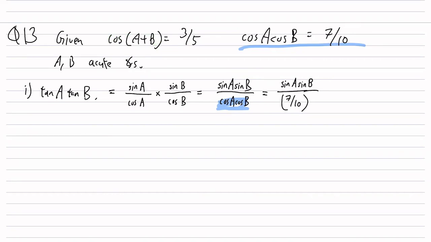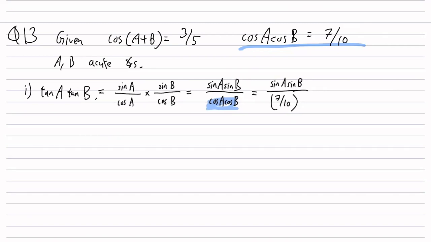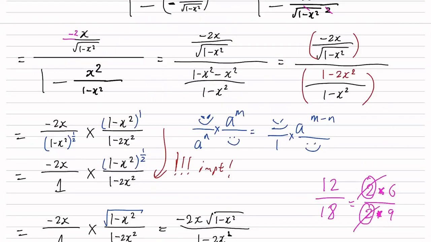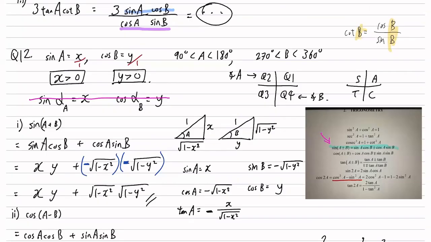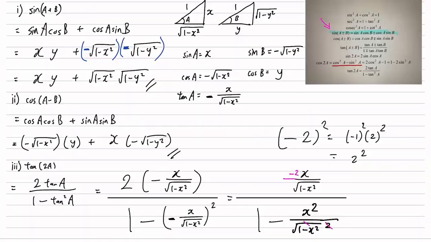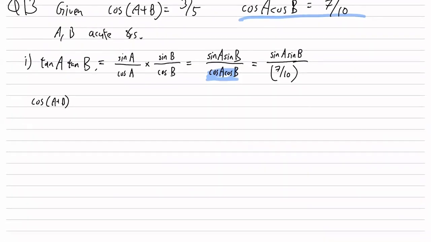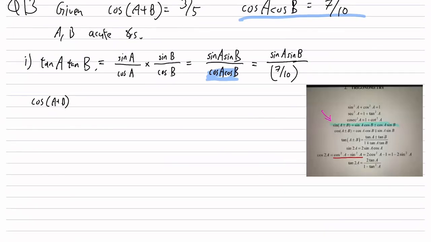What do you do? Cosine A plus B equals to. Oh wait, I need to show you the formula. Sorry. Hold on a second. Equals to cosine A cosine B minus sine A sine B. Yes, correct. Okay, let me just write down the notation like this.